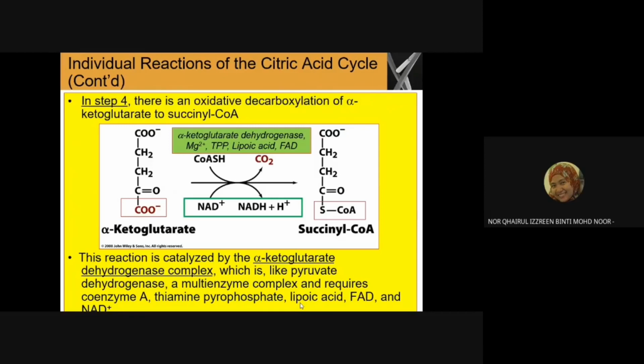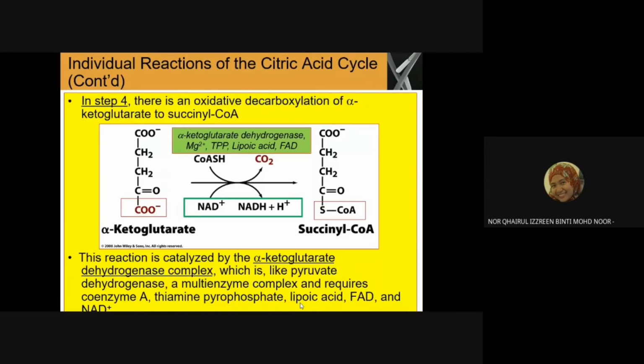Step number 4 is the oxidative decarboxylation of alpha ketoglutarate to succinyl-CoA. This reaction is catalyzed by the alpha ketoglutarate dehydrogenase complex, which, like pyruvate dehydrogenase, is a multi-enzyme complex and requires coenzyme A, thiamine pyrophosphate (TPP), lipoic acid, FAD, and NAD+.